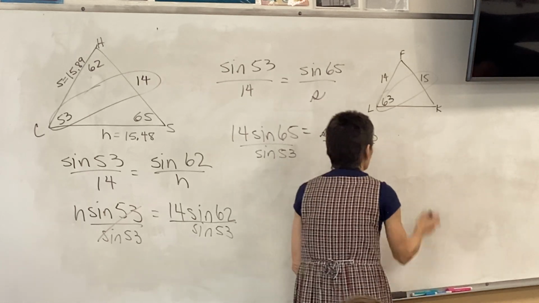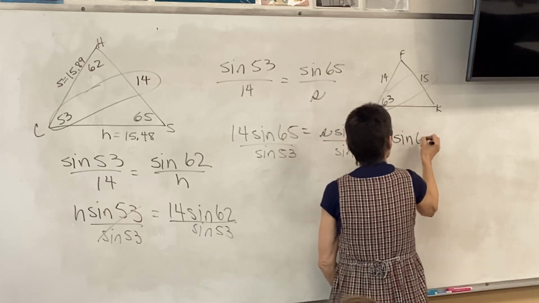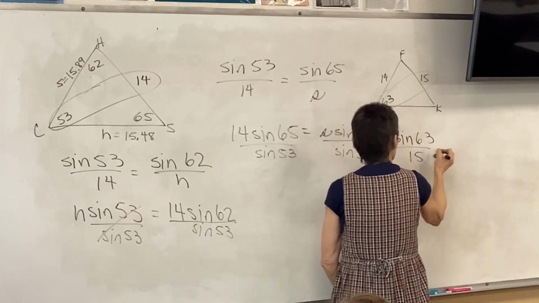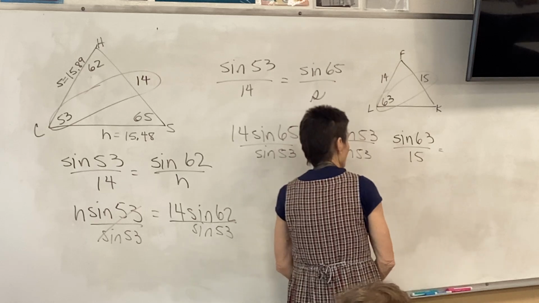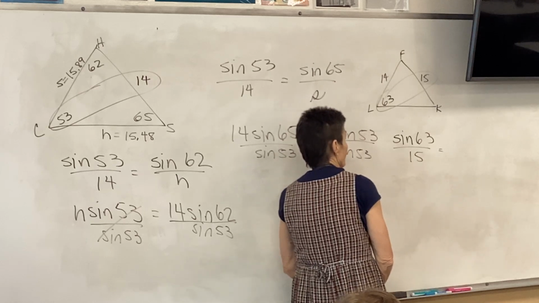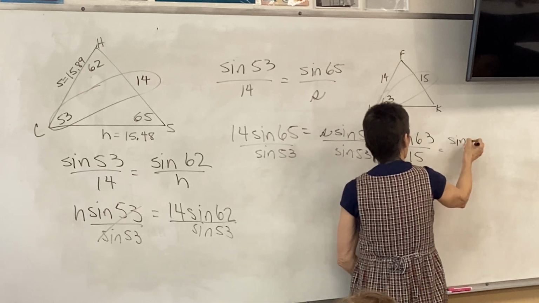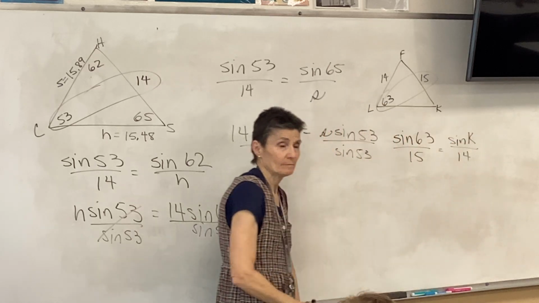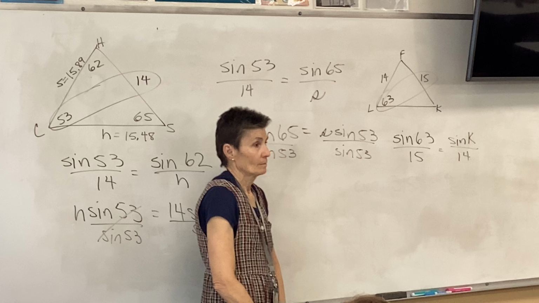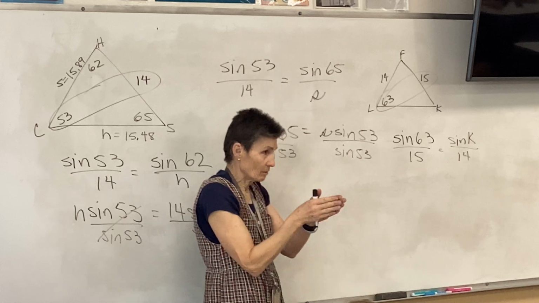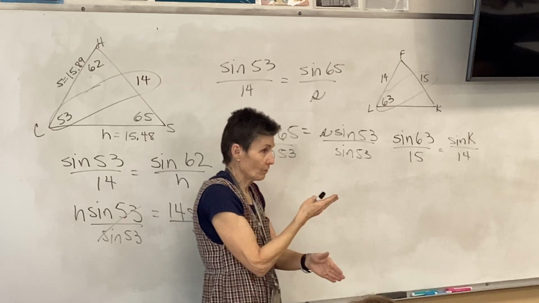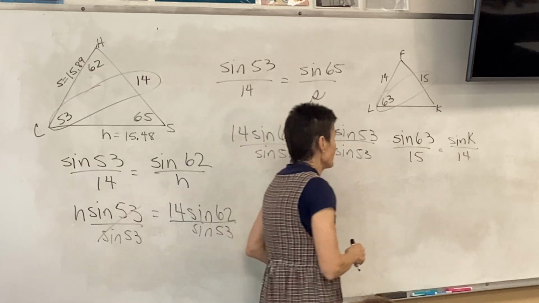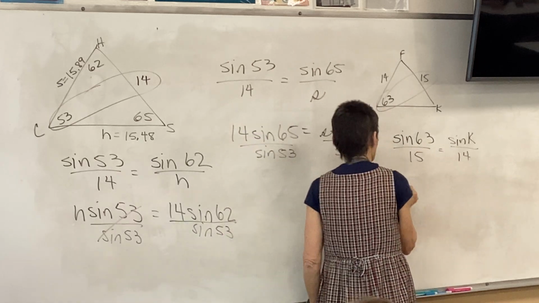Sine 63 over 15 equals sine k over 14. It's sine angle over the side. All right, so now I'll cross multiply just like I did a minute ago.